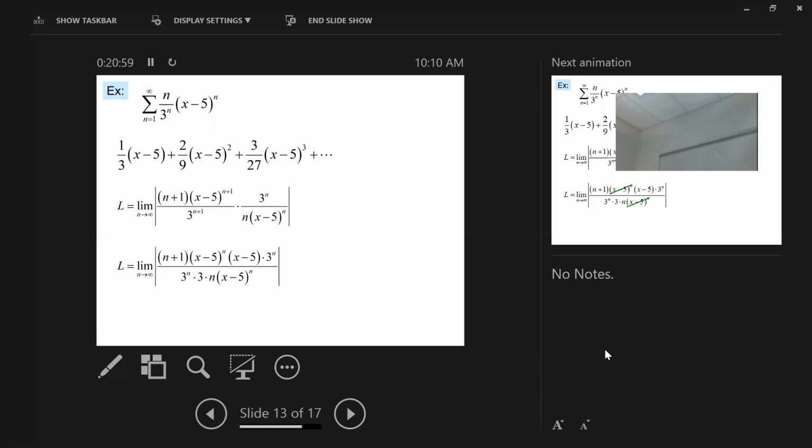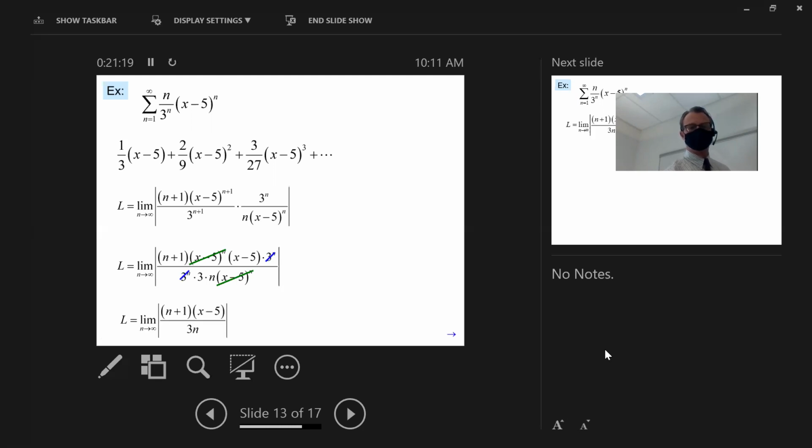Everything else I just wrote across. The only thing that happened between this line and this line is property of exponents. With us? They reduce.